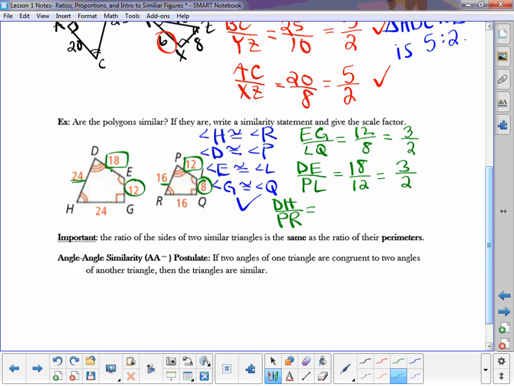And that's 24 to 16. What are those both reduced down to? They're both divisible by 8. So 24 divided by 8 is 3, 16 divided by 8 is 2. So 3 to 2, right?